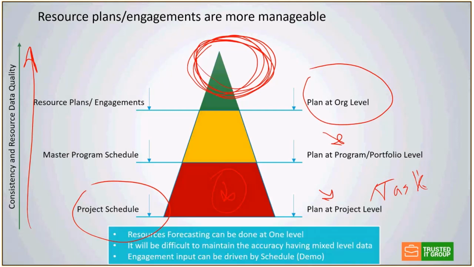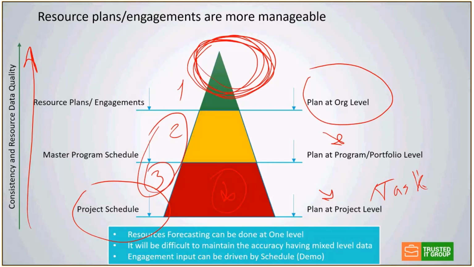What I'm trying to say here is resource forecasting can be done at one level. You cannot mix, let's say this is level 3, this is level 2, this is level 1. You can't have the resources presented and rolled up at the organizational level at any two of these levels. It's got to be only at one level.